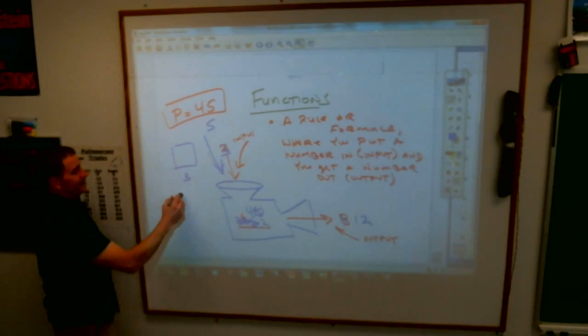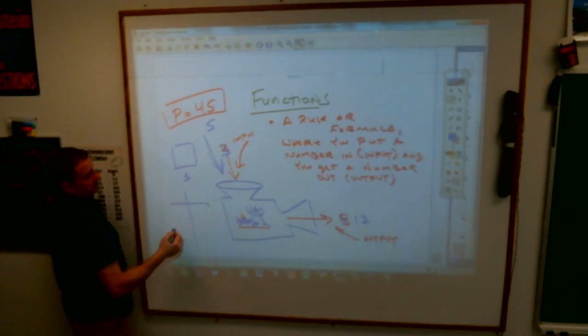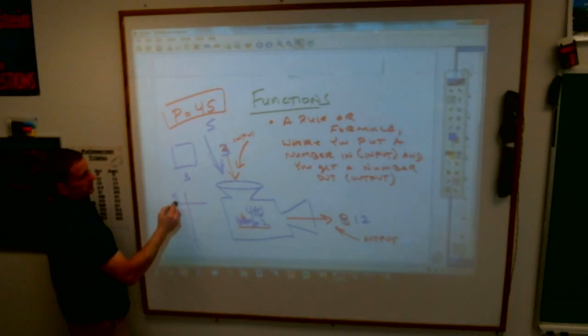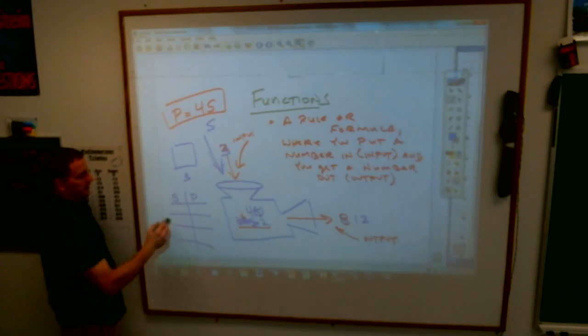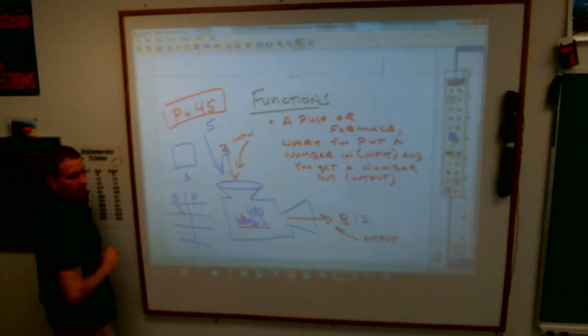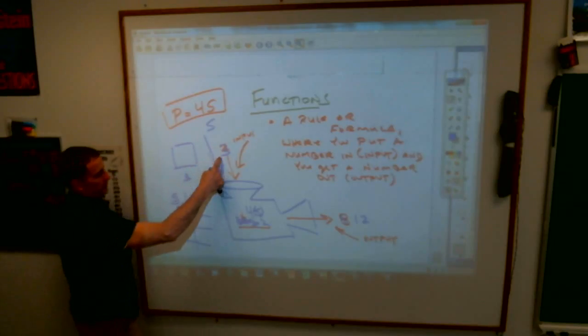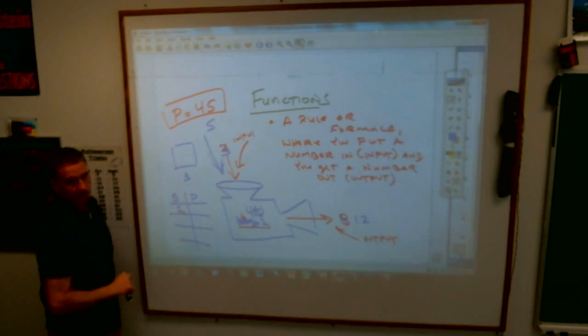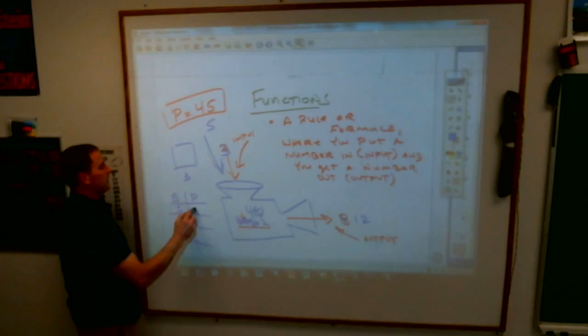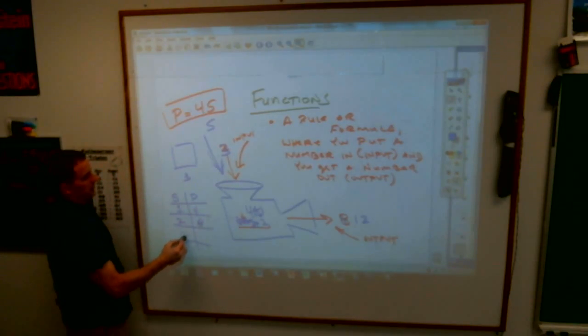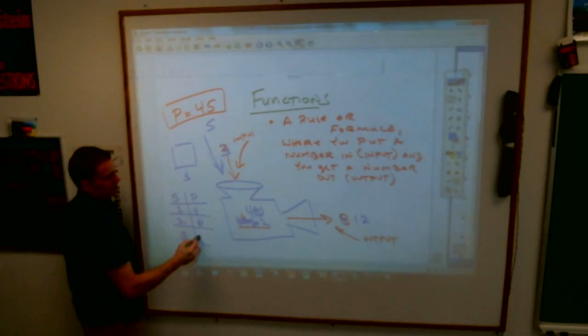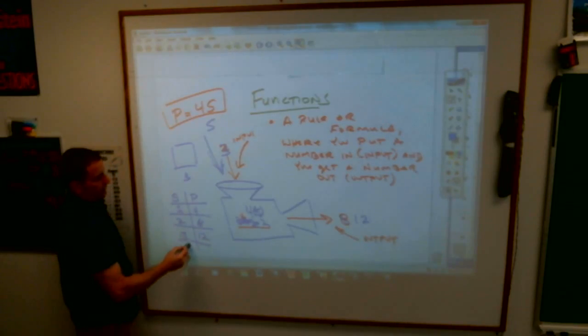And we can make a table that shows that. If this is S, this is the perimeter. If my square has a side of 1, how long is my perimeter? I put 1 in, it gets multiplied by 4. My perimeter is 4. I put 2 in for a side, my perimeter is 8. 3 gives 12. 5 gives 20.